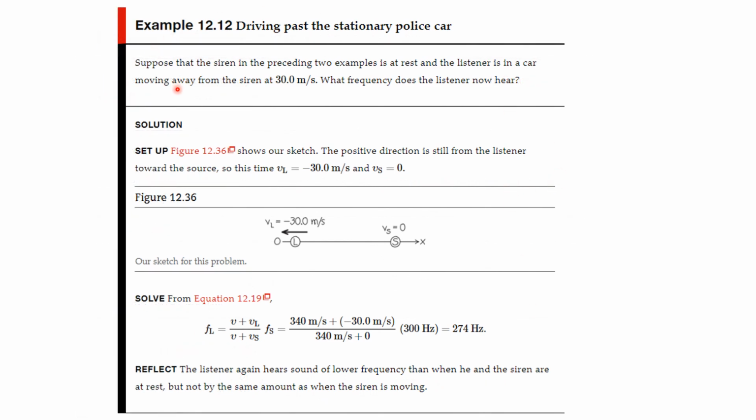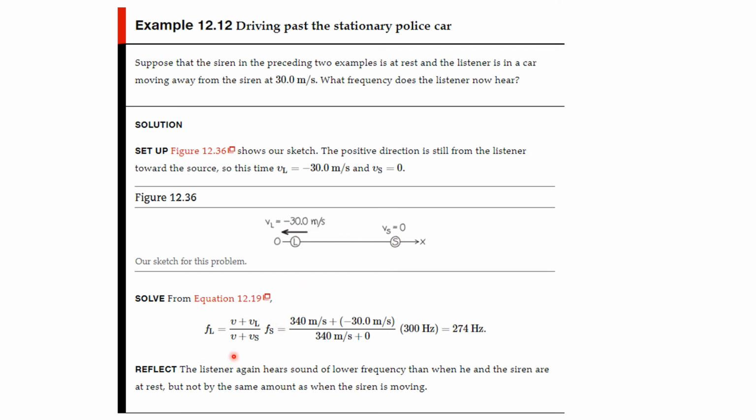Now we're going to do something where both of them are moving. Suppose that the siren in the preceding two examples is at rest, and the listener is in a car moving away from the siren at 30 meters per second. What frequency does the listener now have? Now here, v sub s is equal to 0, but we're moving away this way.